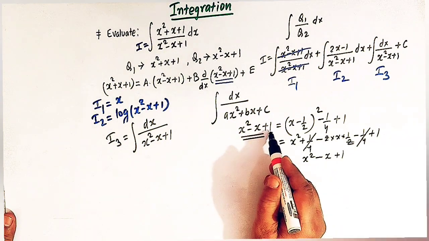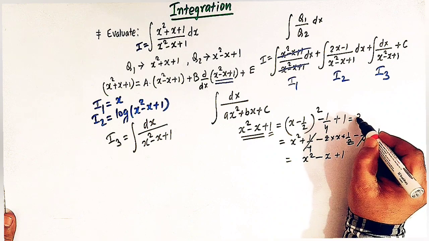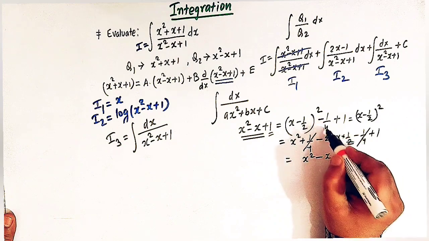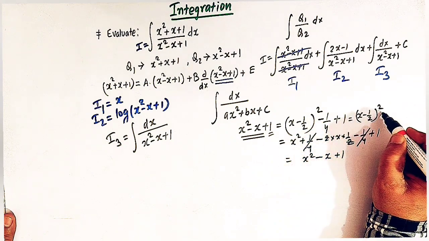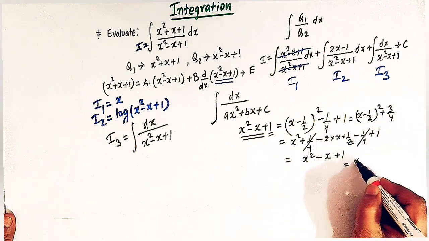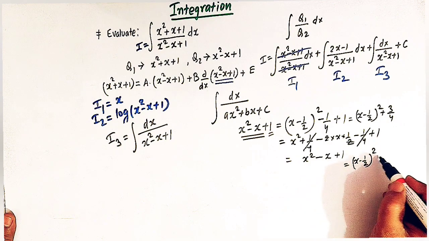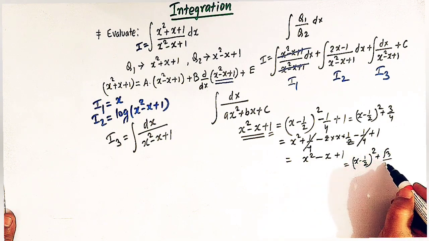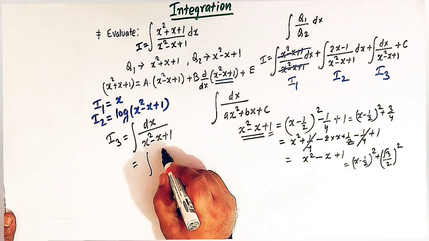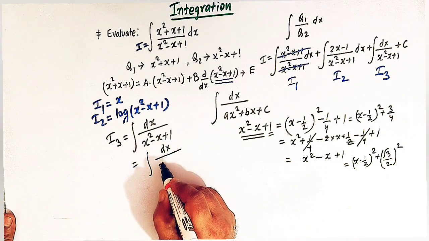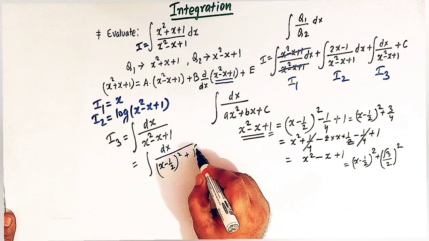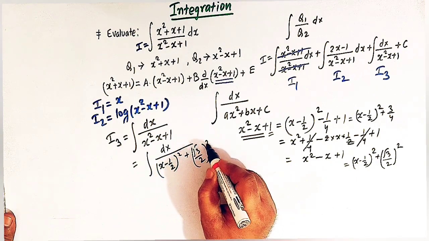So x square minus x plus 1 can be written as x minus half square, and here we have minus 1 by 4 plus 1, that is equal to 3 by 4, right? So this can also be written as x minus half square plus root 3 over 2 square, right? So now we have integral dx over x minus half square, and then we have square root of 3 over 2 square.